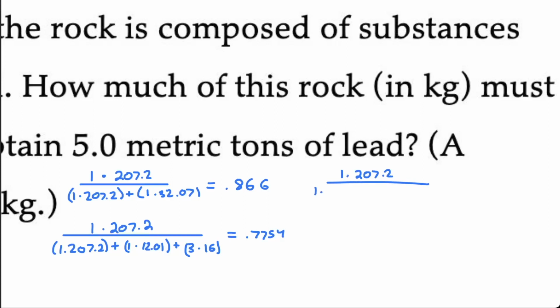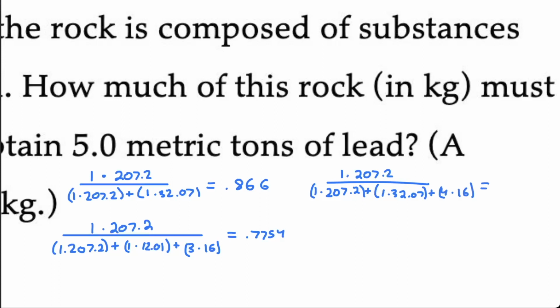Over that same 1 lead atom, plus 1 sulfur atom, which is 32.07, plus how many oxygens are there? 4, right? 4 times 16.